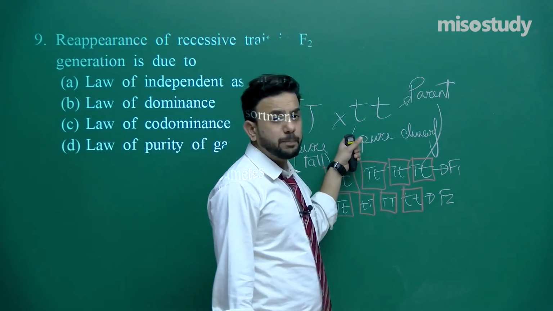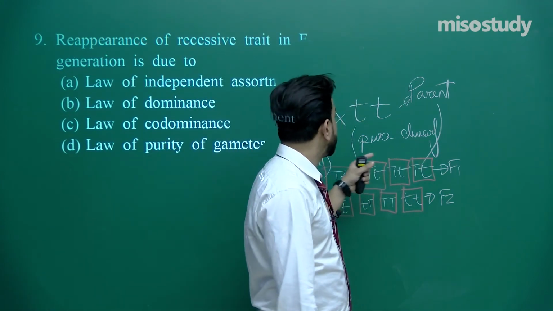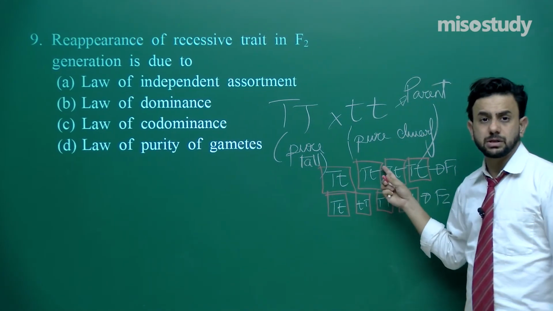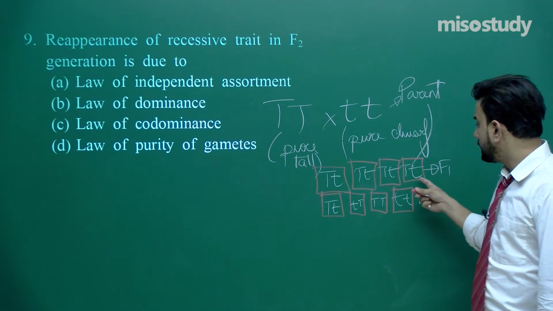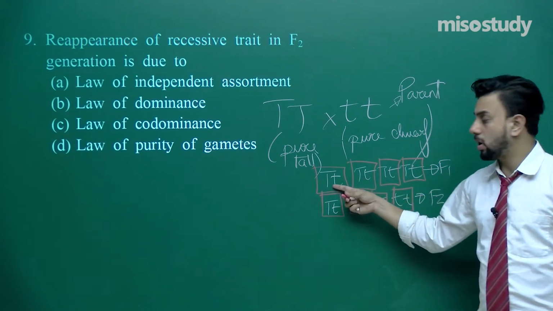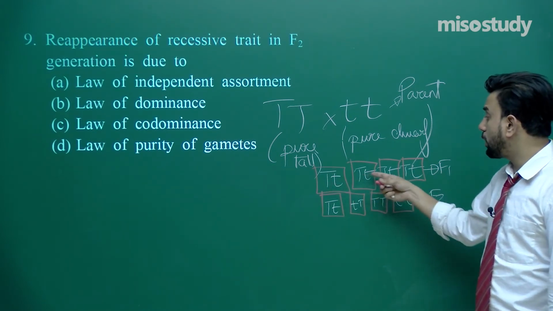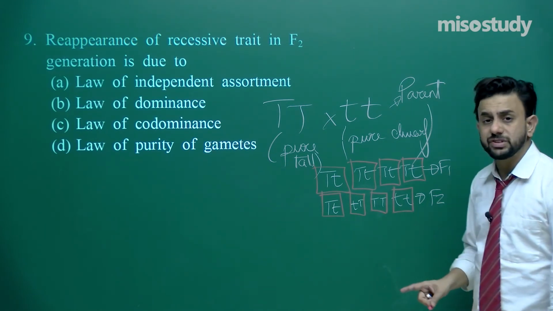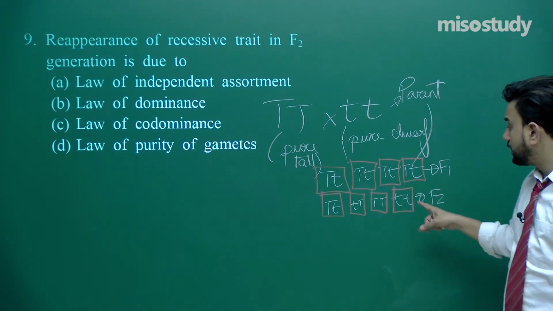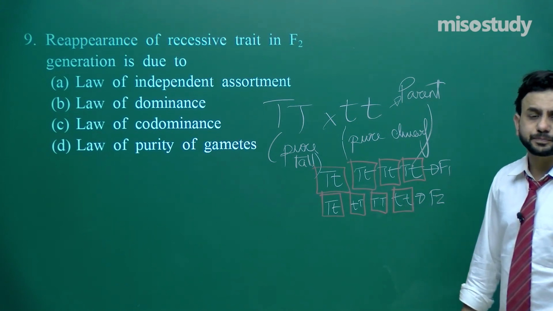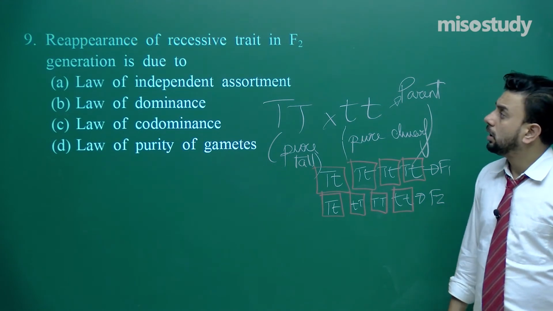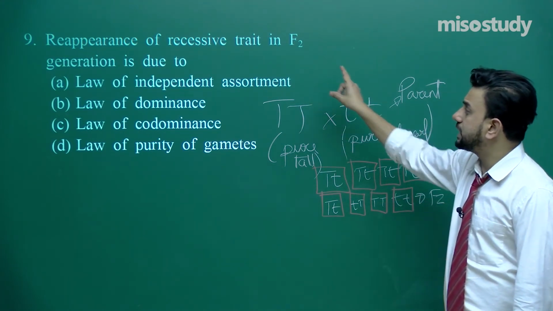In the parent generation, we see that there is a pure dwarf plant. In the F1 generation, there is absolutely no dwarf at all, because the dominant allele, capital T, is present in all. However, in the F2 generation, we see that there are two small t, and hence there is one dwarf plant. So, reappearance of recessive trait in the F2 generation.